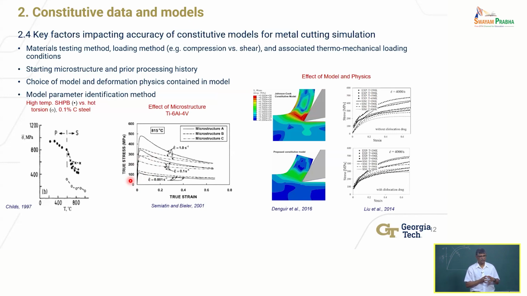A heat treatable steel, if I don't tell you what the heat treatment was, you won't be able to reproduce the behavior of that material, because the heat treatment will change the microstructure properties, and therefore the behavior in machining will be different.